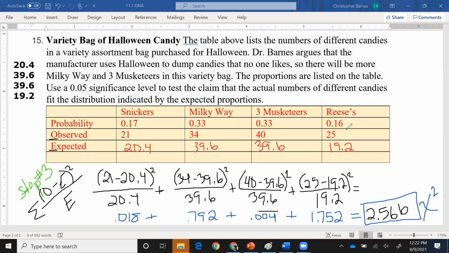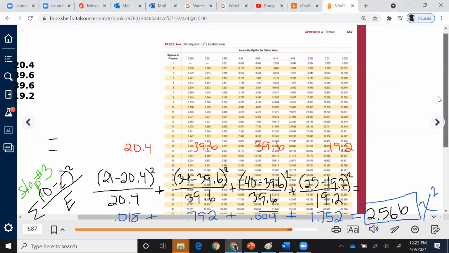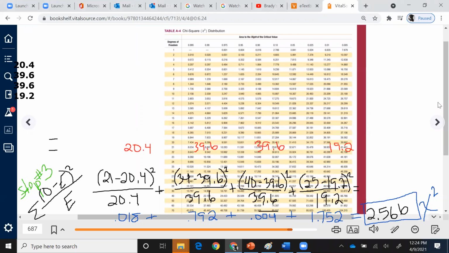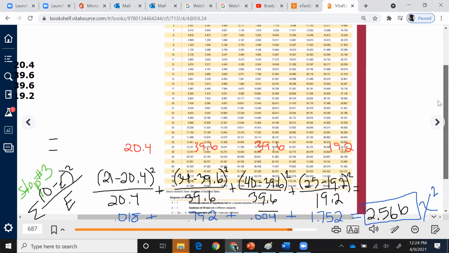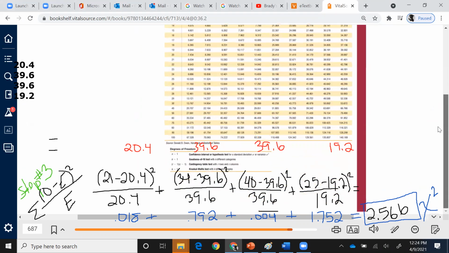All right, so let's resume share. This is the table that we'll look at. We need to find out what the critical value is, and I alluded to this at the end of class. We have to find the degrees of freedom, which are k minus 1, where k is the number of categories.